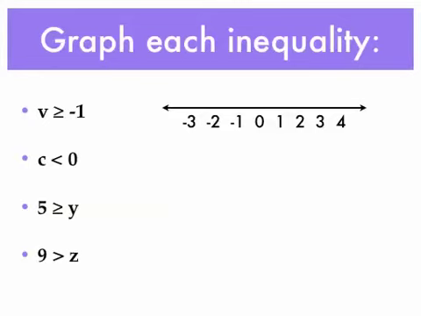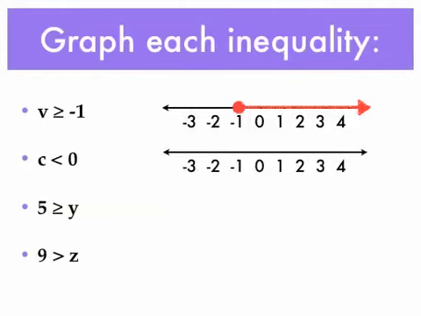Because it is greater than or equal to -1, -1 will be a solution to this inequality, and V has to be greater than or equal to -1, so we need to shade to the right. If you look at the numbers to the right of -1, all of those numbers are larger or greater than -1.